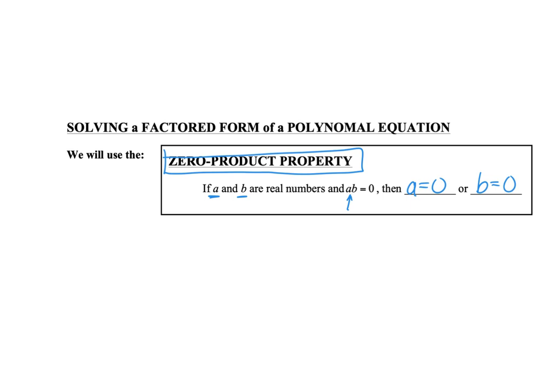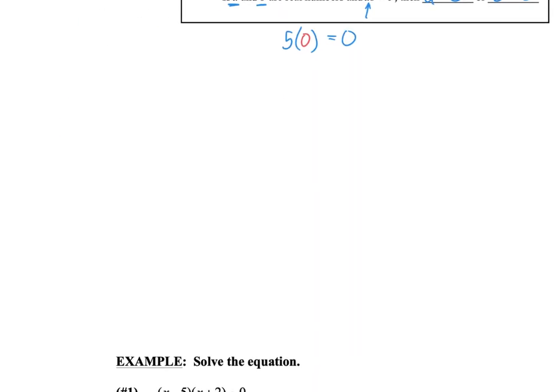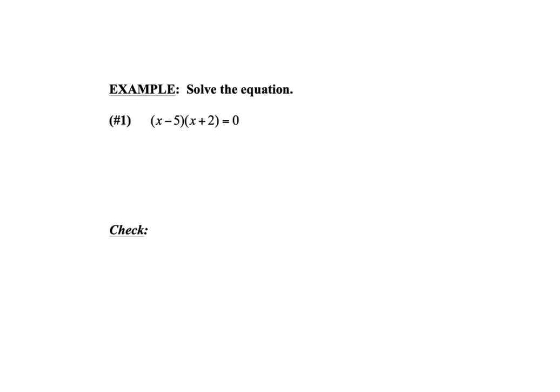Because if I say to you something like 5 times something equals 0, the only way that's true is if my something is 0. So when I multiply by 0, the answer is automatically 0. And we know that. We just didn't know it was called the zero product property. Well, that comes in really handy for us when we go to the solving. So let's take a look at that part.